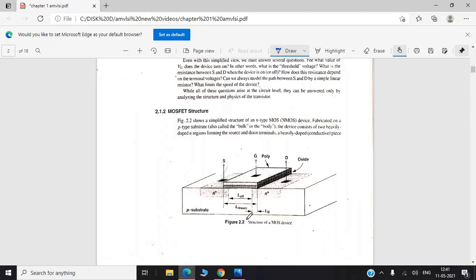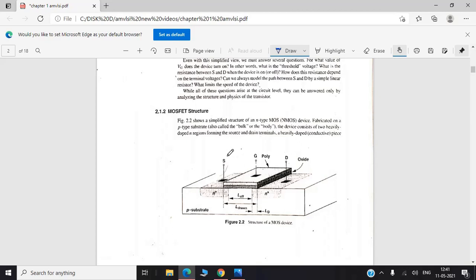Okay, so the substrate is a p type substrate, where diffusion occurs, and you guys know about the fabrication process in your CMOS, where due to the n diffusion process, the n region will be formed here and n region will be formed here. So the gate will be formed by placing layers of other materials on it. So source, gate and drain will be here.